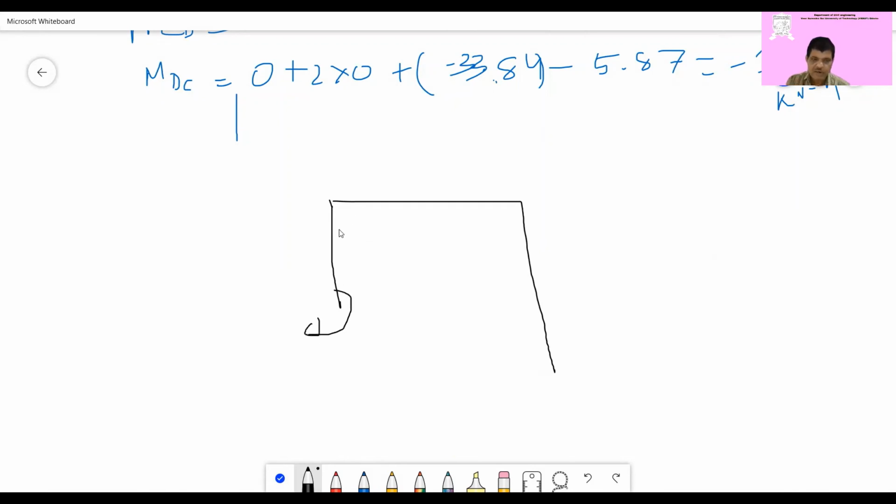Here also it is clockwise. Here it is anti-clockwise, minus 77. Here clockwise 73. Here anti-clockwise minus 73. Here anti-clockwise minus 39. So clockwise means here it is positive and here it is negative. You can draw like this.